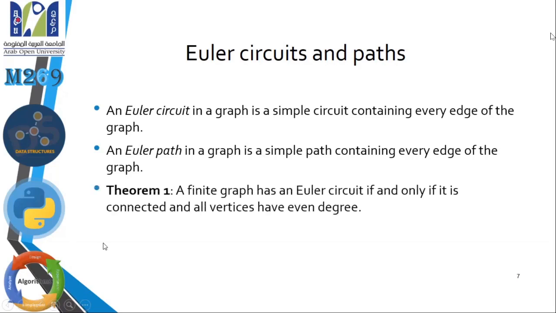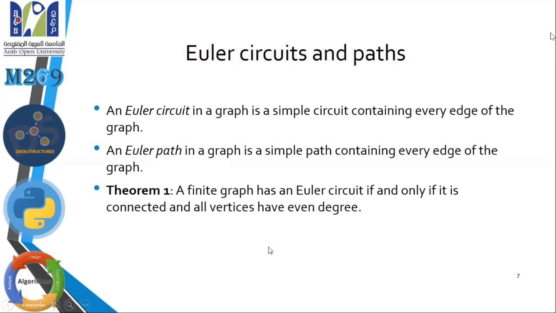So he came up with theorem number 1. A finite graph has an Euler circuit, which is, as we said, a simple circuit containing every edge of the graph, so it will take all the edges, if and only if it is connected and all vertices have an even degree.